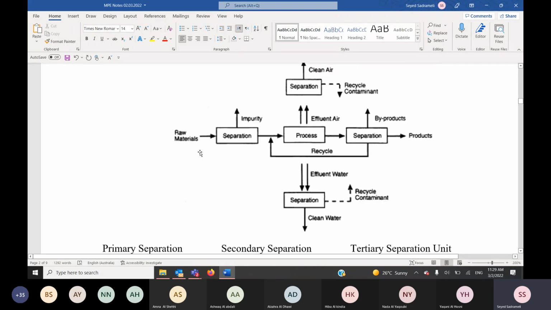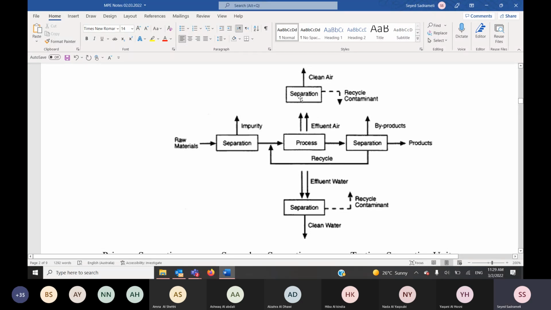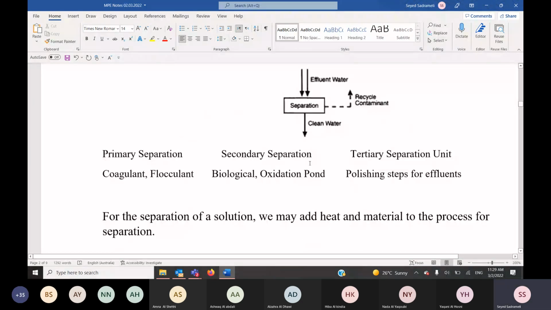and some are in the middle, like separating clean air from effluent air to remove contaminants from the air, or from effluent water for wastewater treatment. You get part of the solids out and then send it to wastewater treatment. You may have a sedimentation unit at the beginning of the wastewater treatment to deposit solids at the first stage, and then send the rest to the reactor for treatment.